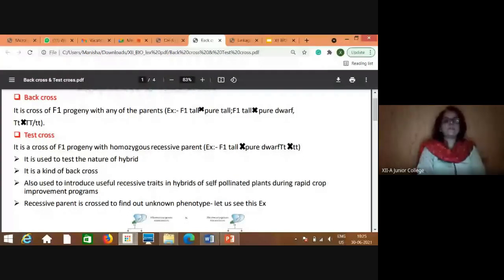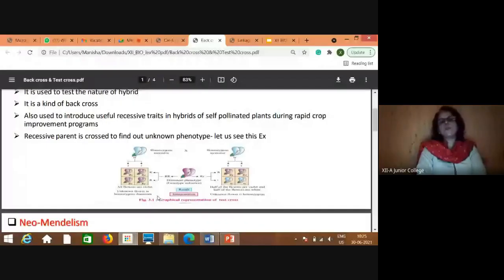And the recessive parent is crossed to find out the unknown phenotype. Unknown means we don't know the phenotype of that particular parent. So when we cross back to the homozygous recessive, we can come to know how it looks, that phenotypic expression.